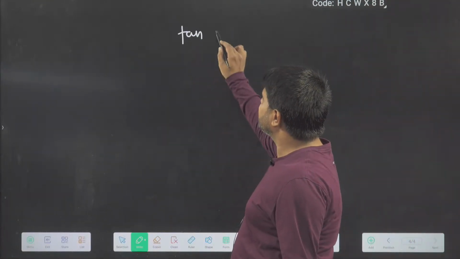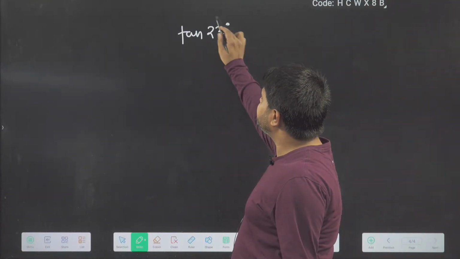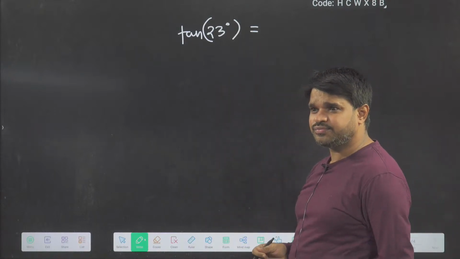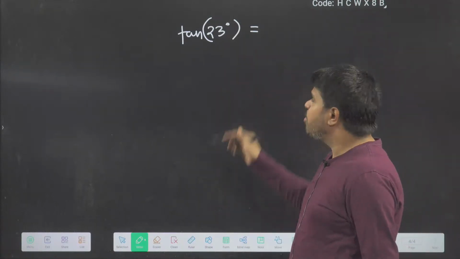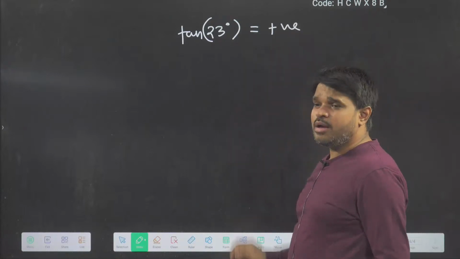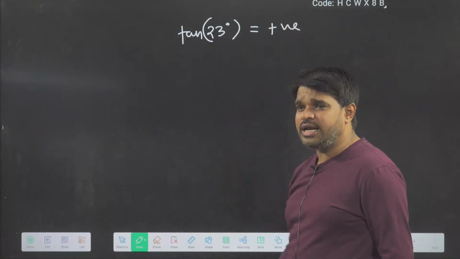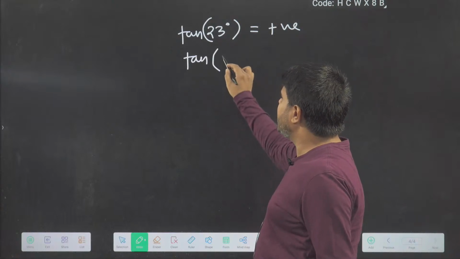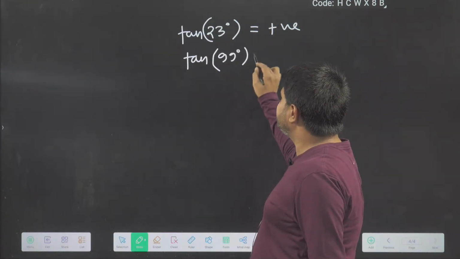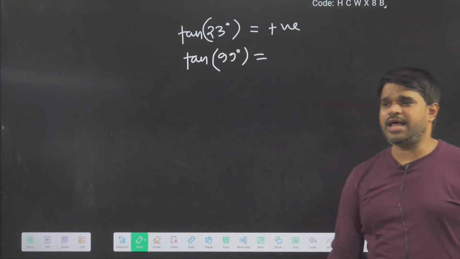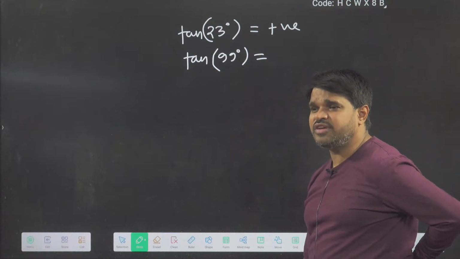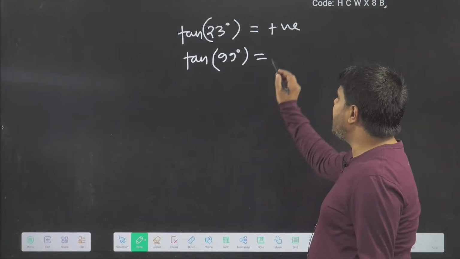Tan 23 degree. Positive. Why? Between 0 and 90. Tan 99 degree. Positive or negative?